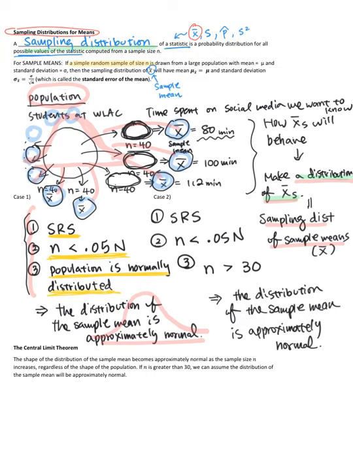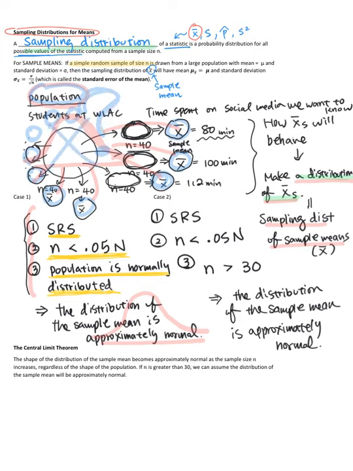Right? So let's say we don't know what the population looks like. It doesn't say in the problem, or it's not established that the population is normal. You have no idea what the shape of the distribution is for the population.